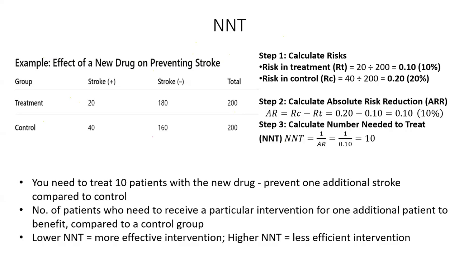How many patients need to be given the new drug to prevent one additional case as compared to the number of cases in the control group. This is something which is used, if you see nowadays even in the RCTs or in the screening programs, they are reporting numbers needed to treat, screen, and sometimes if there are adverse events, even numbers needed to harm.